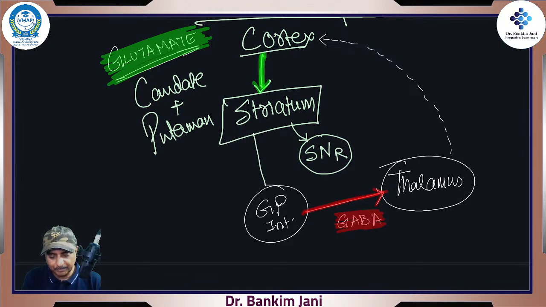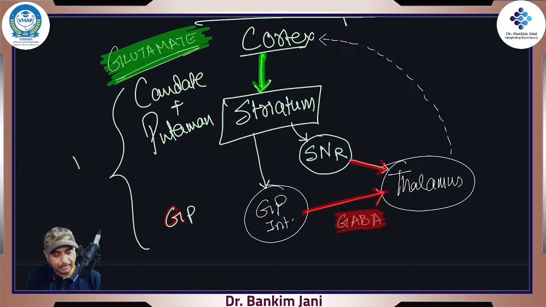So both of them are connected to the striatum. This is also doing the same work and telling the thalamus, don't work. Now the striatum is directly connected to the globus pallidus, and these, like caudate, putamen, globus pallidus, all of them are our basal ganglia, right? So it is this gang which is telling the thalamus what to do and what not to do.